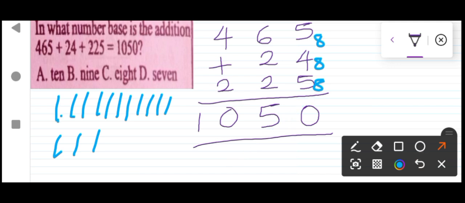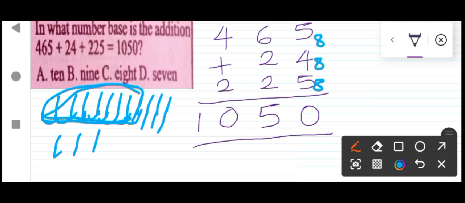So let's go. 1, 2, 3, 4, 5, 6, 7, 8. So this makes 10. 11, 12, 13, 14, 15, 16. So we have to write 6 over here, then carry 1. And again, you observe that 0 was what is there. But of course, that is not correct. So base 8 is not working.